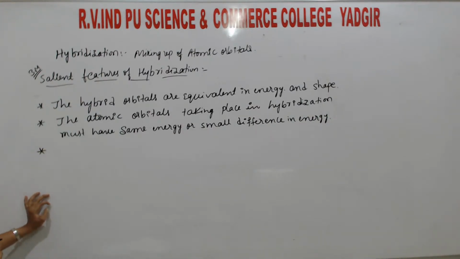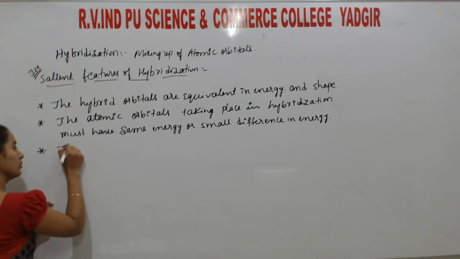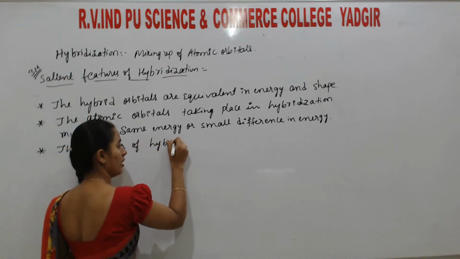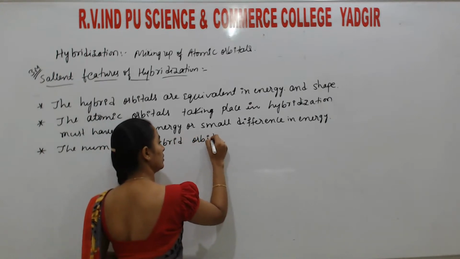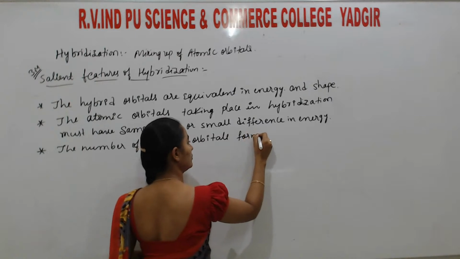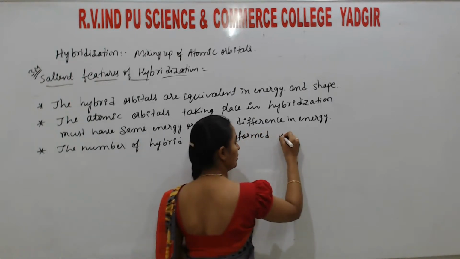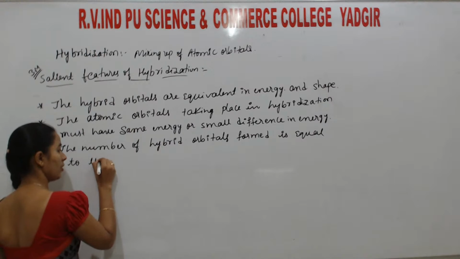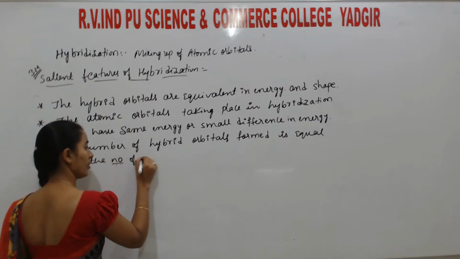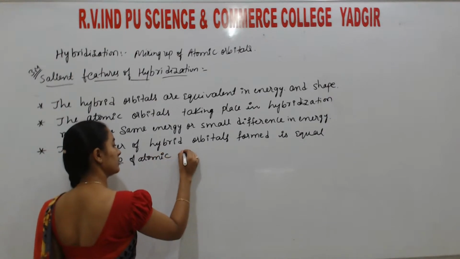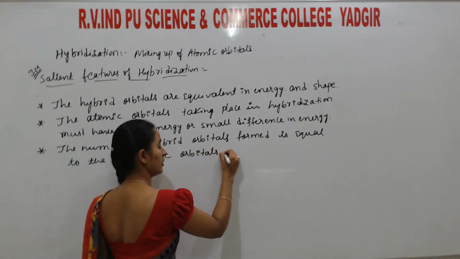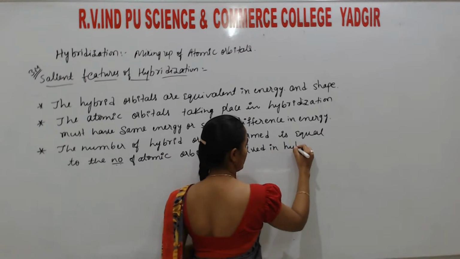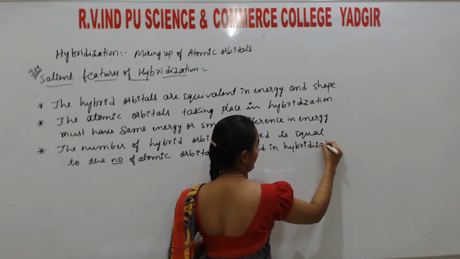Next, the number of hybrid orbitals formed is equal to the number of atomic orbitals involved in hybridization.